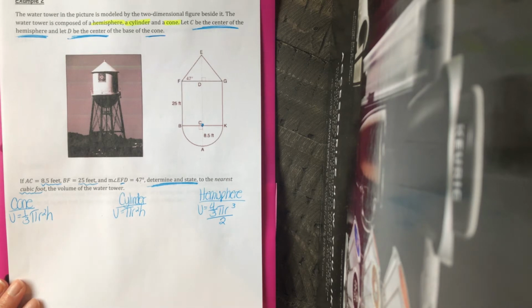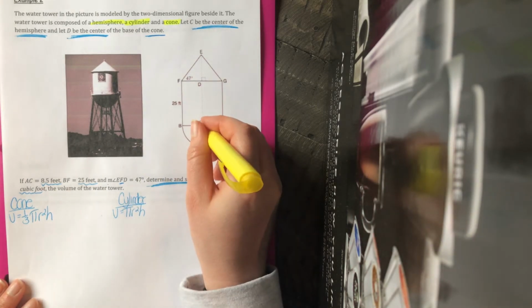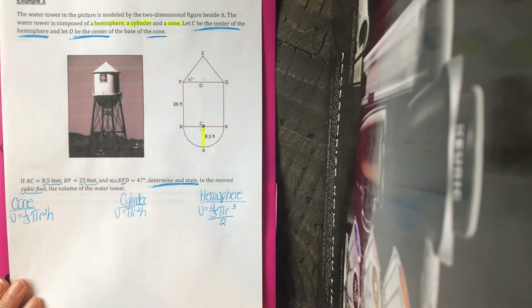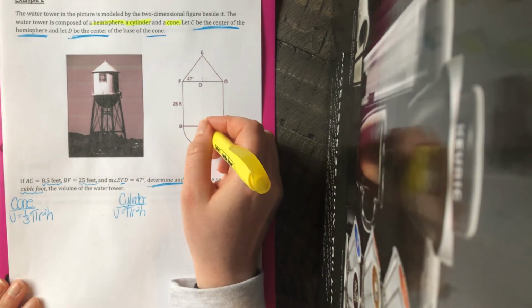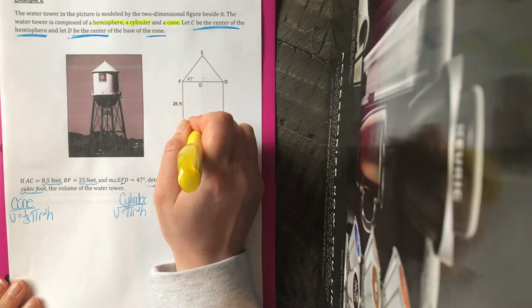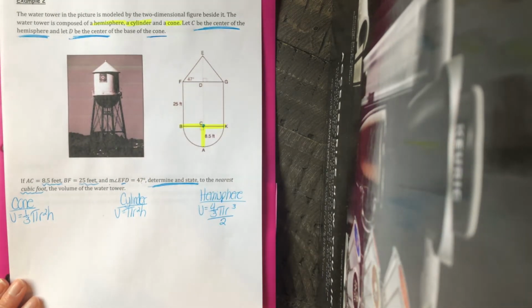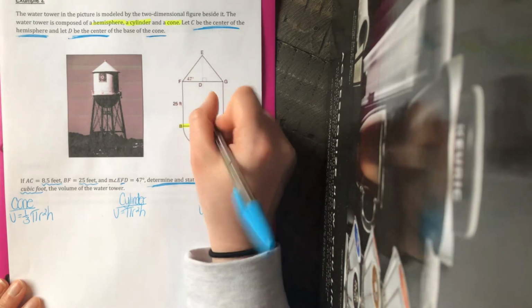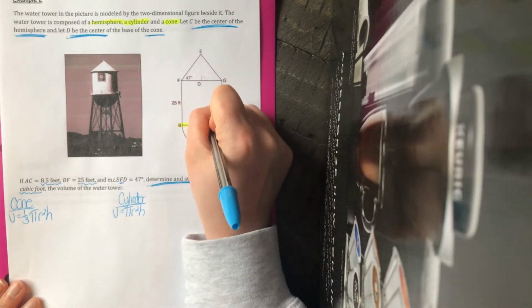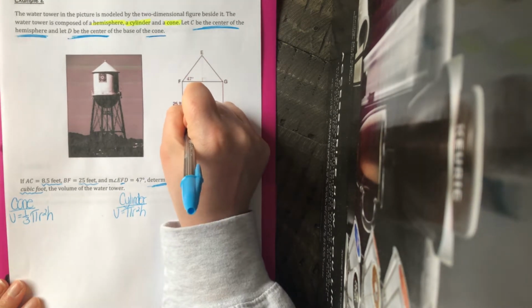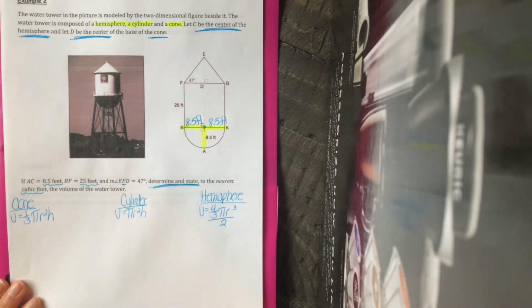So this distance right here from the center to a point on the circle is a radius. That means C to K is a radius. C to B is also a radius. So if this distance is 8.5 feet, I know this distance is also 8.5 feet. And I know this is also 8.5 feet.